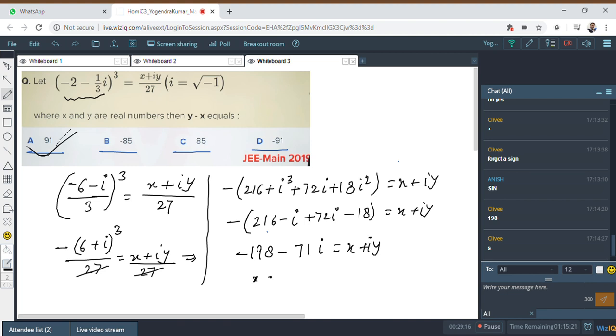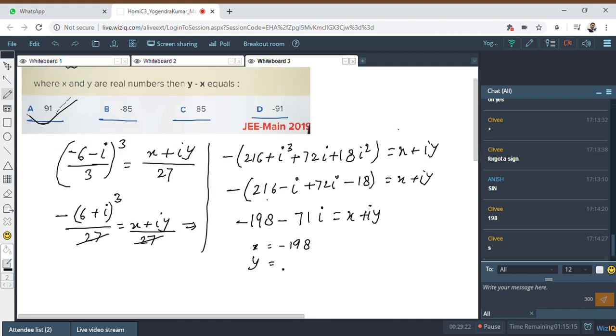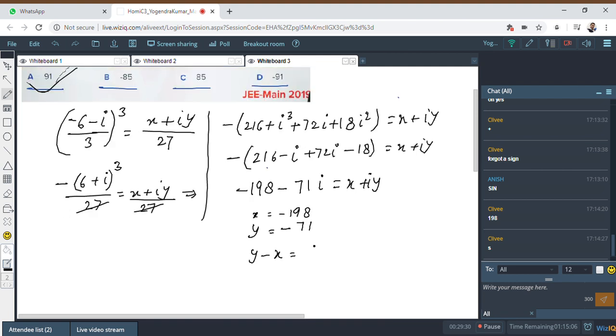So x is equal to minus 198 and y is equal to minus 71. Now we are supposed to find y minus x. So minus 71 minus minus 198, which gives us what? 91. Is it?